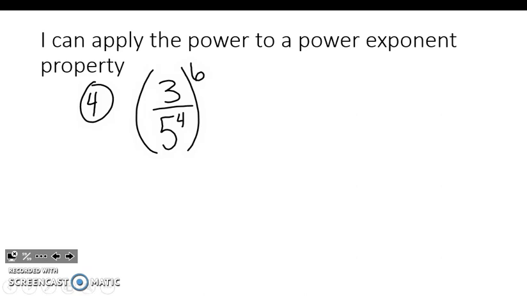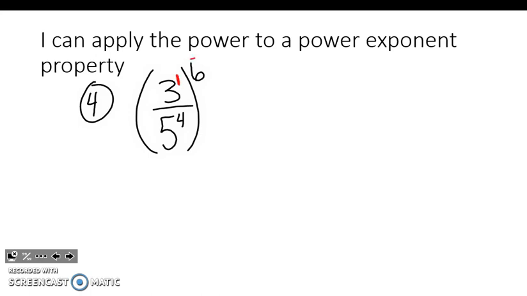Okay, so it does not matter where the numbers are. They can be on top of a fraction, they can be on bottom, they can be multiplied, divided. If it is inside of the parentheses, it has to get that exponent distributed to it. Okay, so the first thing I'm going to do on this problem is add an exponent on that 3 so that I don't forget about it.